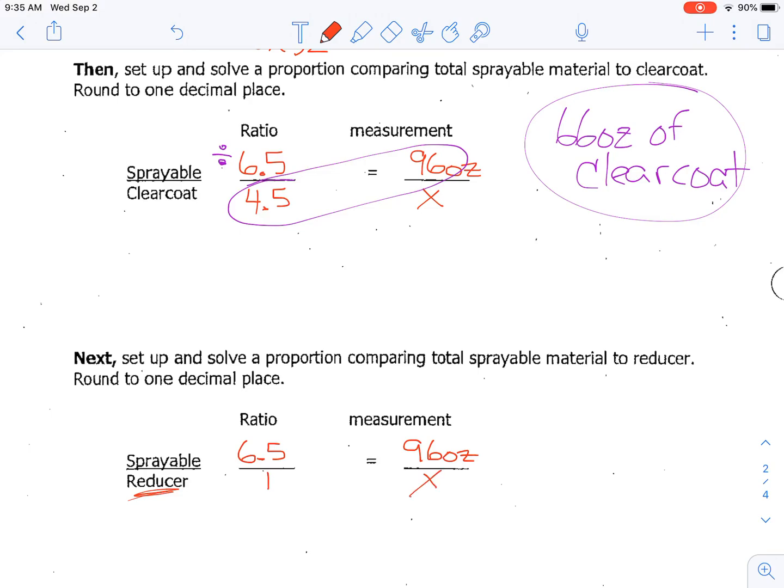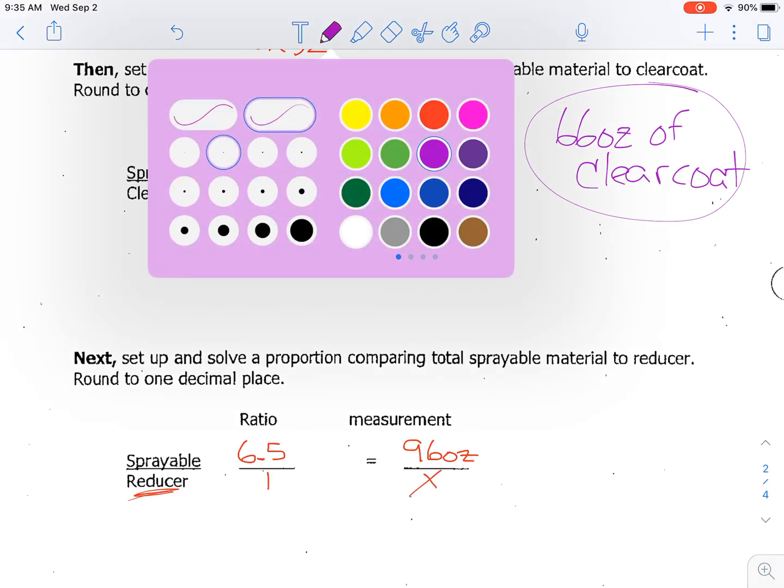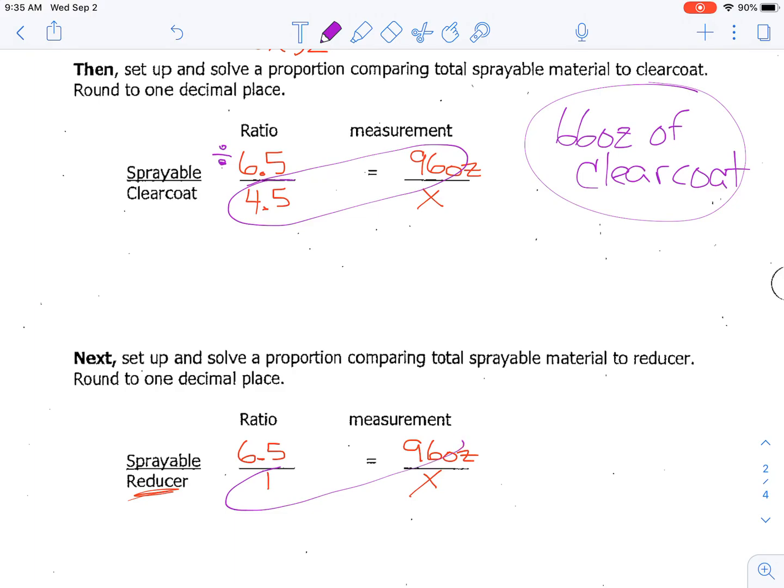And we don't know how many ounces of reducer we're going to use. That's what we're calculating. So we cross multiply and divide by 6.5. And again, we get a decimal. I'm going to go ahead and round it. When we round it, it's going to come out to 15 ounces of reducer.